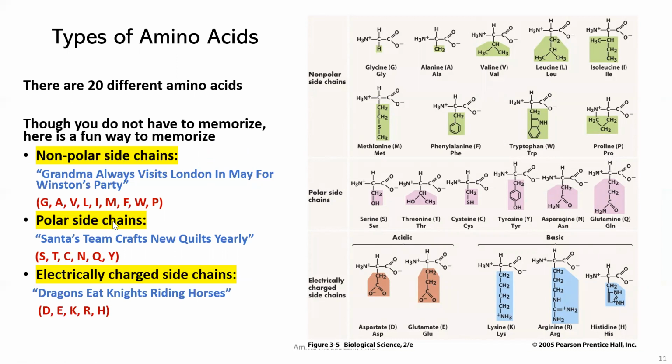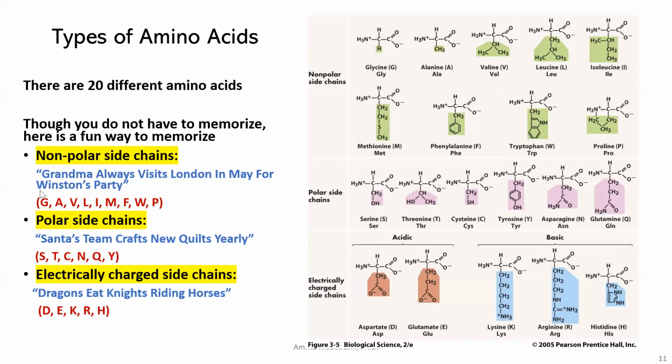Let's focus for a second on the left side. We are going to be talking about non-polar side chains, polar side chains, and electrically charged side chains. If you were doing a more intense biochem course, a 200 level course, then we would probably be looking at more details. But you don't have to memorize this, even though it might make things a tad bit easier.